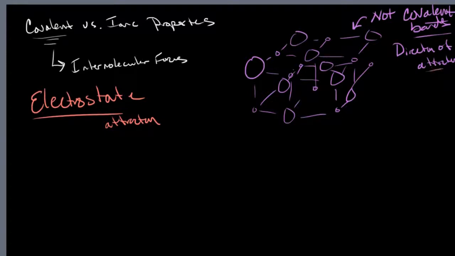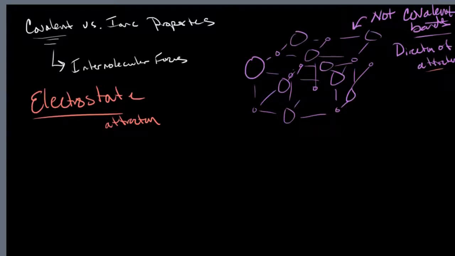Of attraction. So when you see a lattice, the lines in between are just attraction between a positive and a negative ion, a cation and an anion. The electrostatic attraction is the strongest of the bonds. Ionic bonds are the strongest of the bonds.